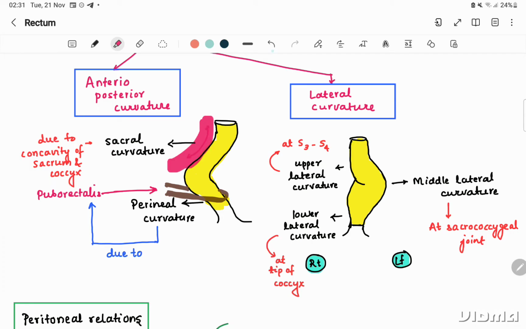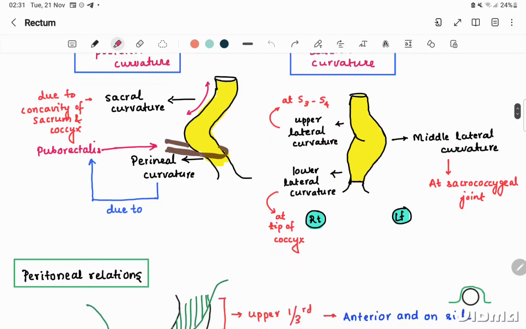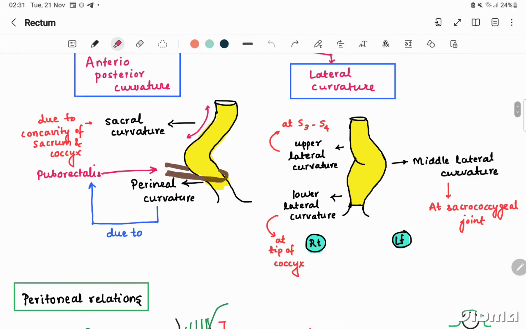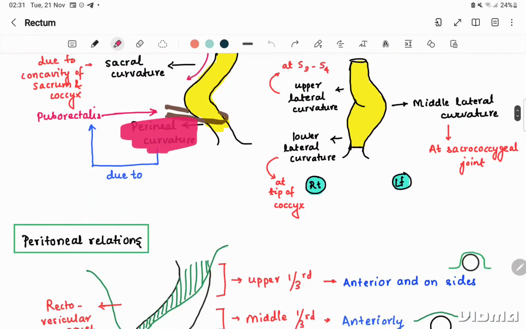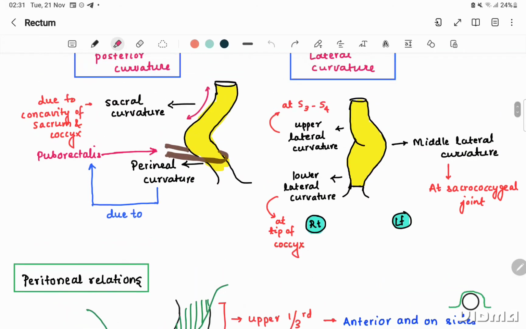The perineal curvature is due to the pulley action of your puborectalis muscle, which is a modification of your pubococcygeus muscle.